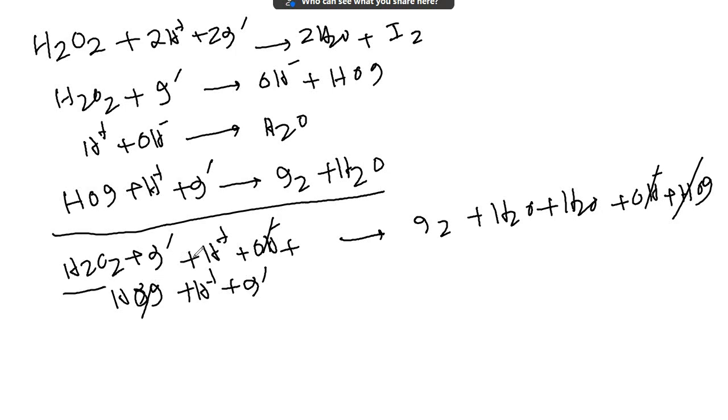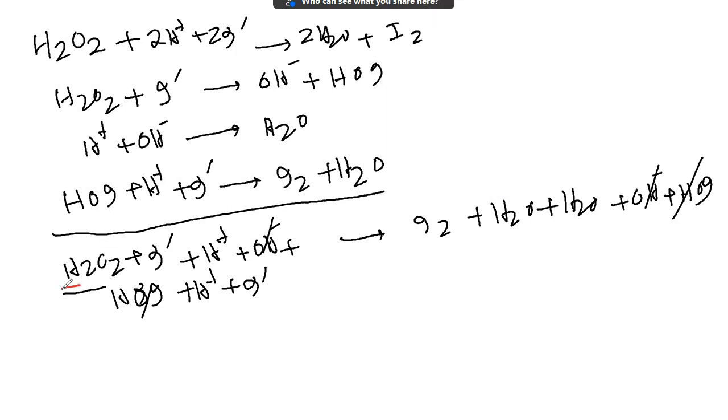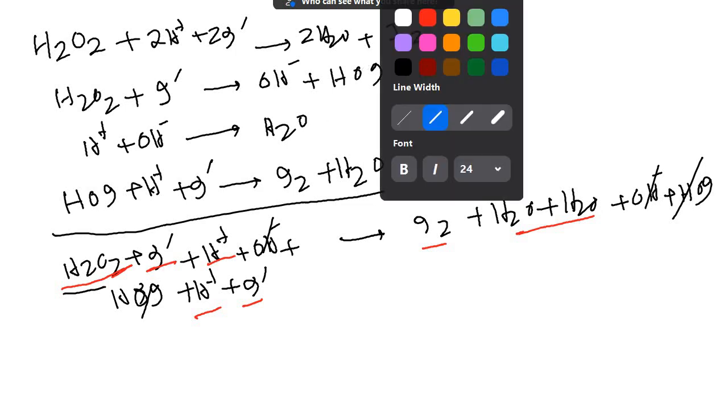These get cancelled, giving you H2O2 plus I- plus I-, that is 2I-, and 2H+. It is the same, but I underline with another color so that you can follow it properly. This is remaining, this is remaining. These are the reactants. In this case, I2 is remaining and 2H2O is remaining. Now, if I write the equilibrium constants of all these three equations, what are we getting?